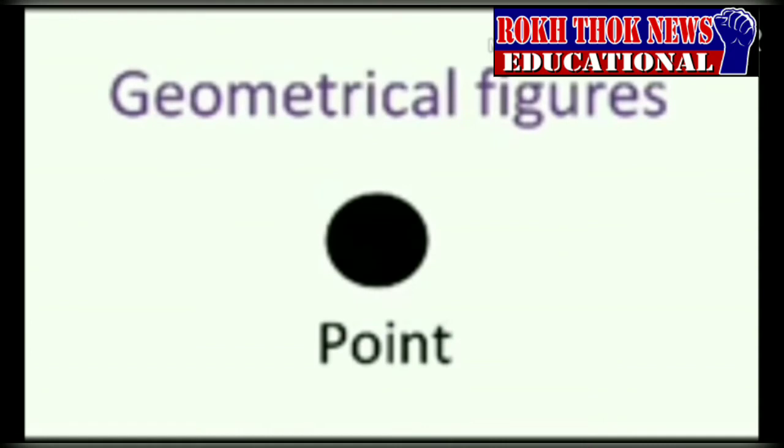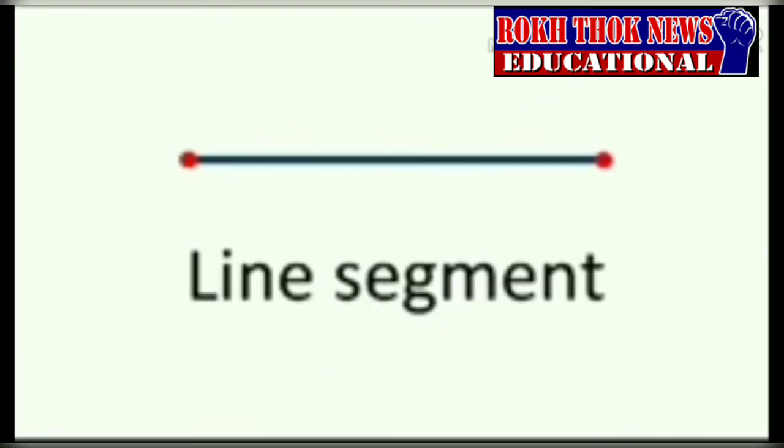In this slide, what do you see, children? Yes, you see a small dot. That dot is called a point in mathematics. What is this, children? You can see here the two red dots, and the two dots are joined by a line.